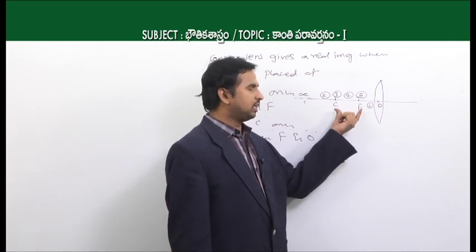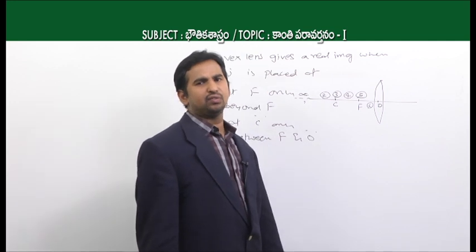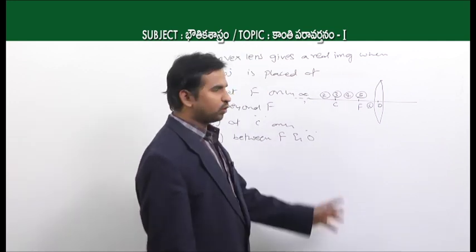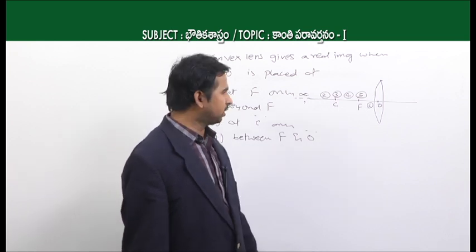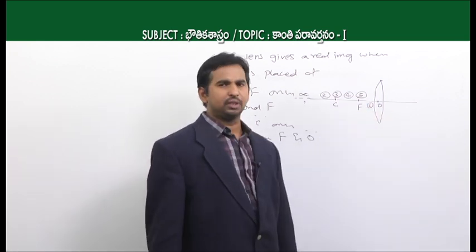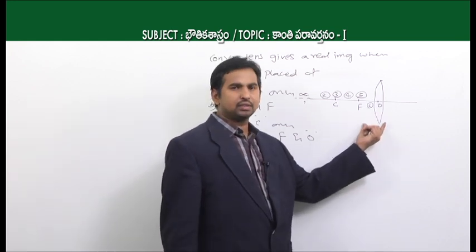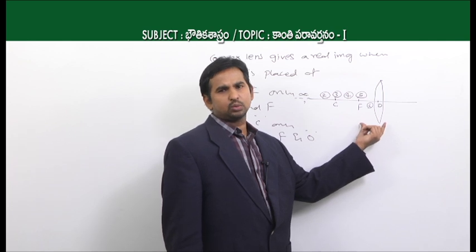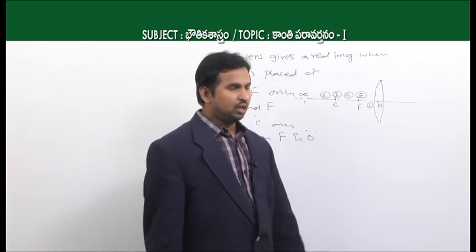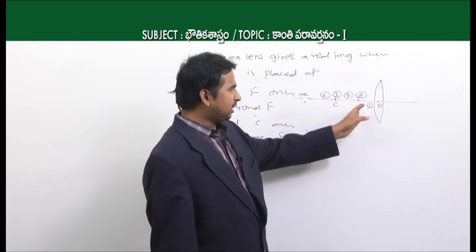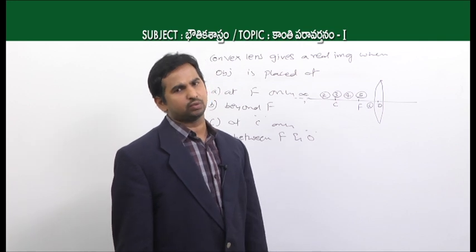Between C and F, also a real and inverted image is formed. At the focus, the image is formed at infinity, real and inverted. In the case between focus and optic center, the convex lens gives a virtual, magnified image, which is the special case. So other than between F and O, in all the remaining cases a real image is formed.